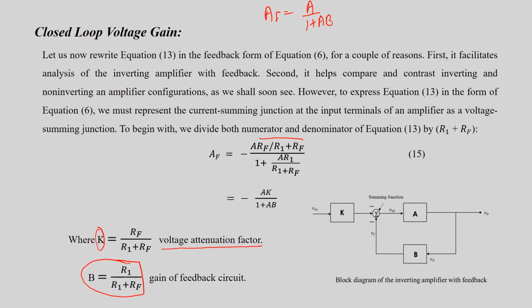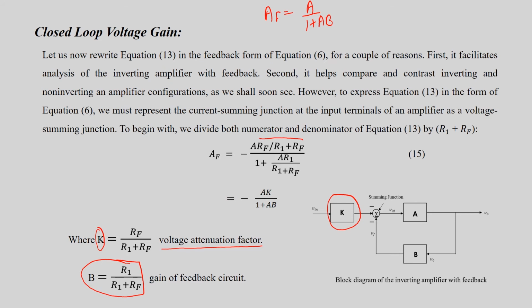So we can have the block diagram of the inverting amplifier with feedback, with K at the input side. This block is added to the non-inverting amplifier.